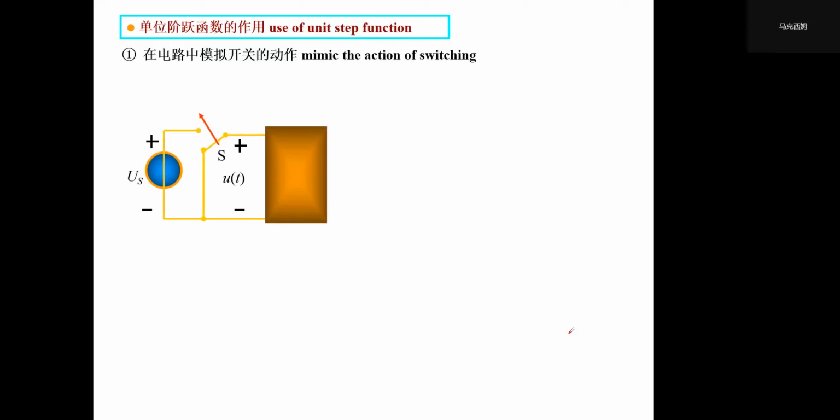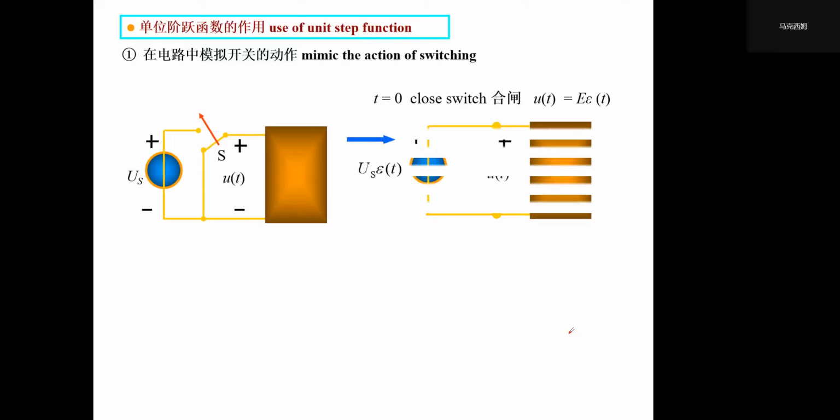So how are we going to use this step function? We can mimic the action of switching. We would like to talk about the occasion that we have to mimic the action of turning on and turning off the switch. So we can put this function in it too.